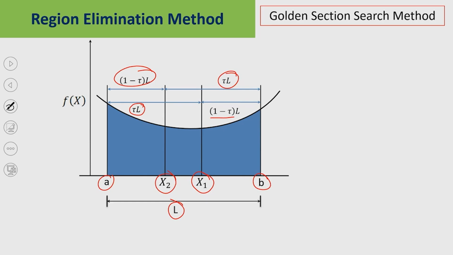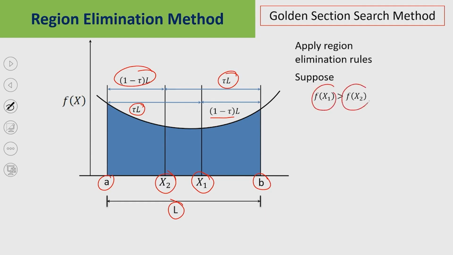So, that means the distance between x 2 and b is tau L, and the distance between a and x 2 is 1 minus tau L. Okay. Now, apply the region elimination rule. Suppose f of x 1 is greater than f of x 2. So, this is f of x 1 and this is greater than f of x 2.